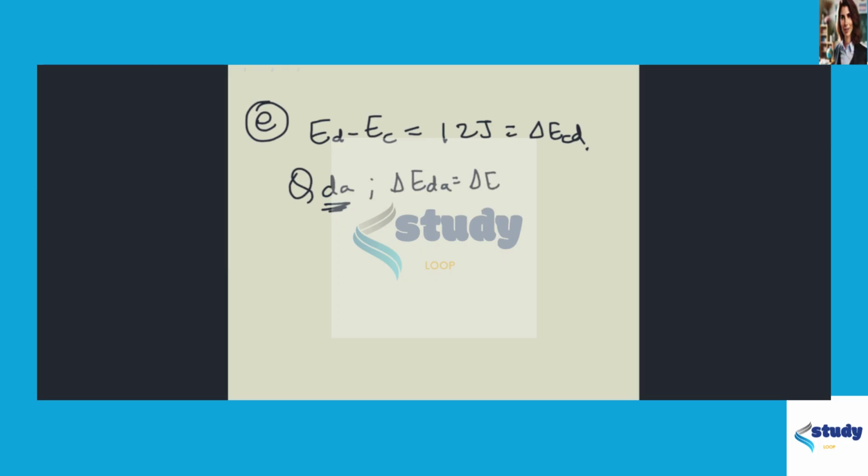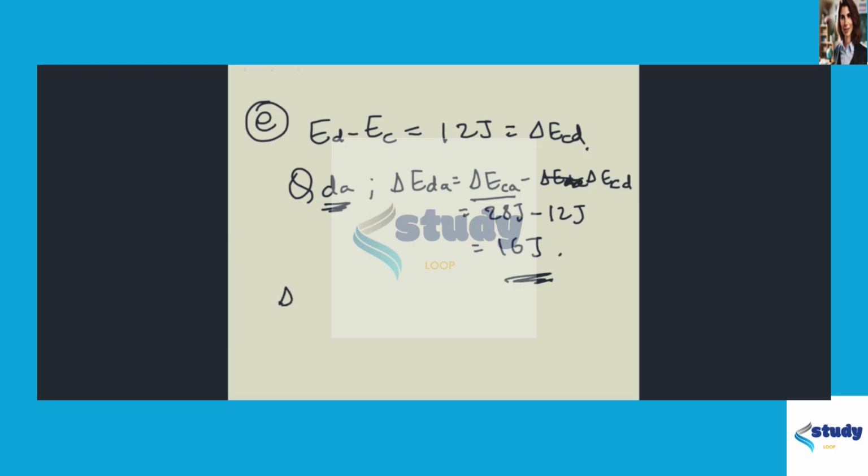Now that is delta E_CA minus delta E_DC. So if you remember from before, delta E_CA was 28 joules, minus delta E_CD, which is 12 joules, giving us 16 joules.